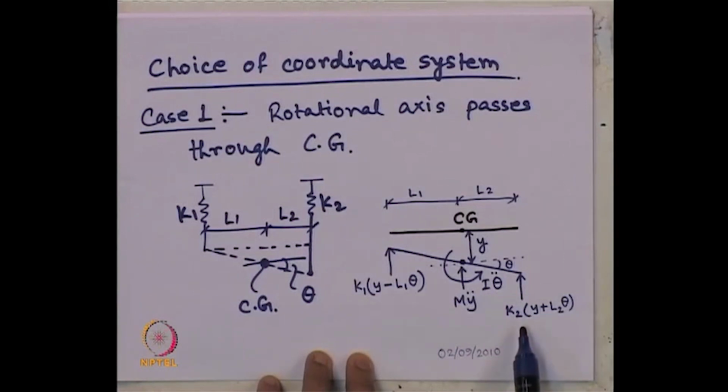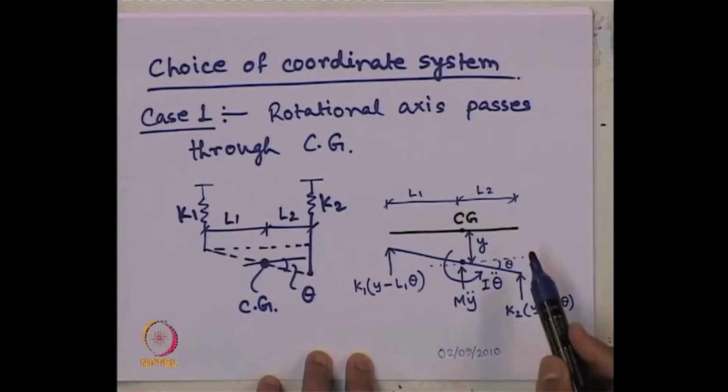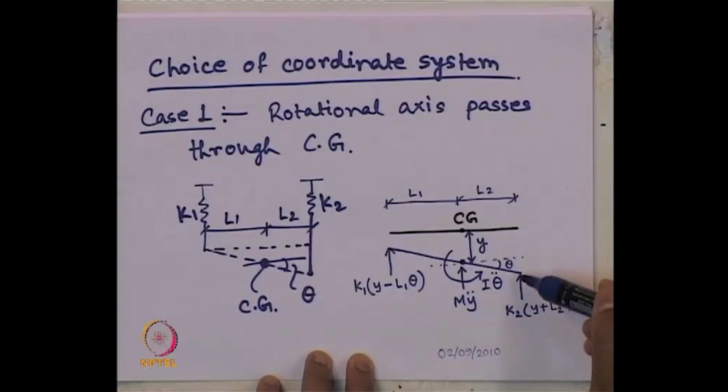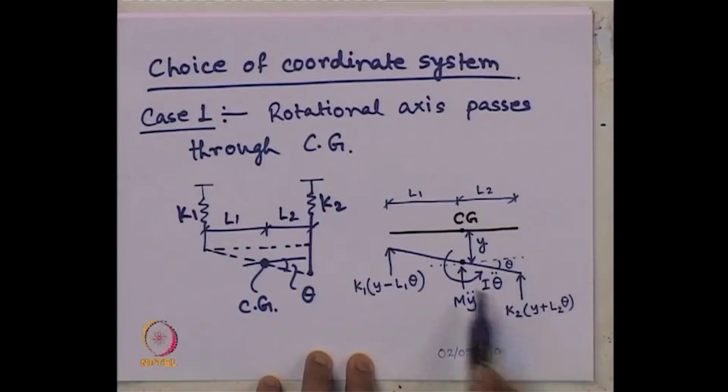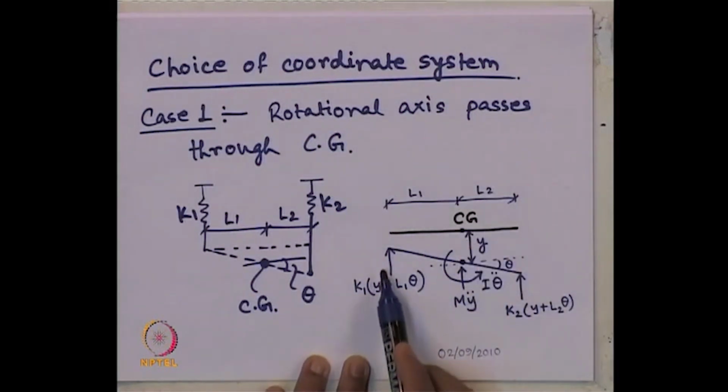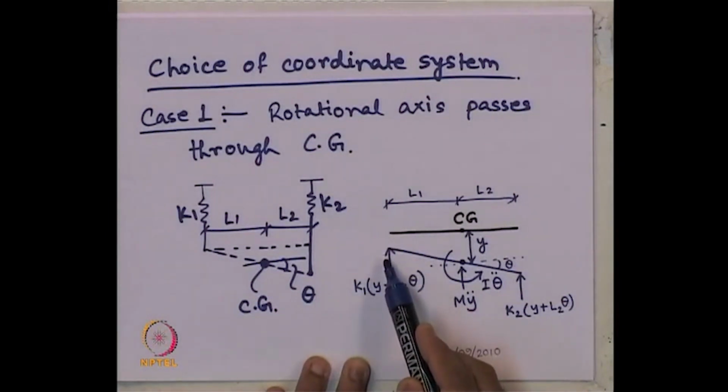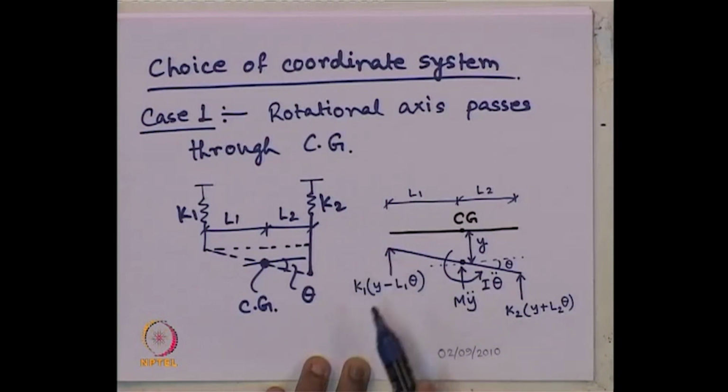So, this spring is subjected to the corresponding displacement y plus L2 times theta. So, K2 into y plus L2 theta is the spring force, and this spring force also will act vertically upward because the net displacement of this point is vertically downward. So, it will try to push it back to its original position.